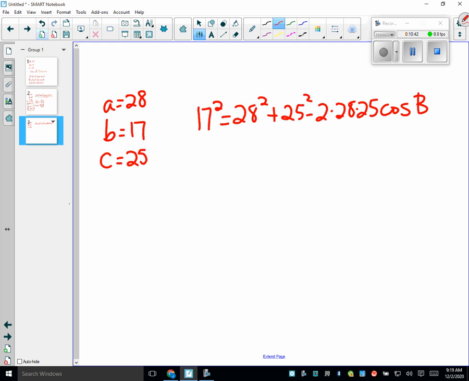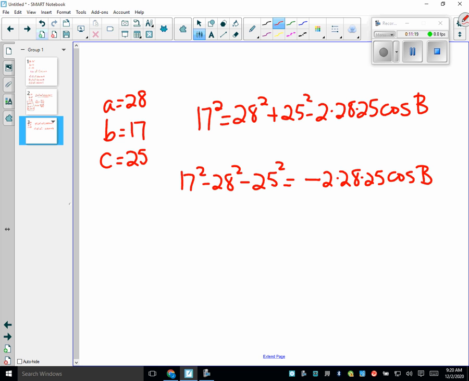Yeah. Okay, now be careful here with order of operations. Let me ask you, is 17 squared minus 28 squared minus 25 squared equal to negative 2 times 28 times 25 cosine of B? I'm just doing one step at a time, because all I did was move these two to the other side, didn't I?